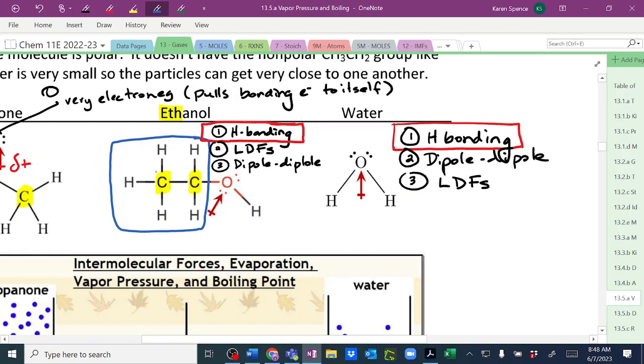Although it looks like this is 90 degrees, what's that actual bond angle there? 109.5, because we have that little tetrahedral structure there. Okay, so it is symmetrical. There's no positive and no negative ends. This is a non-polar area.